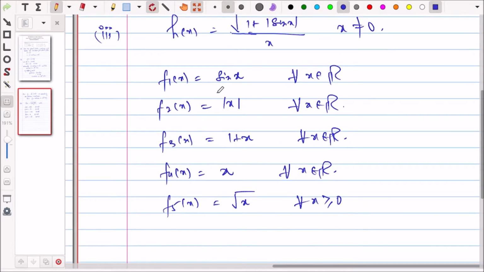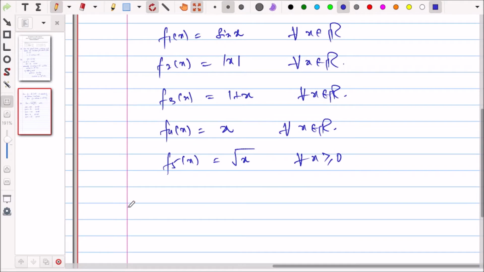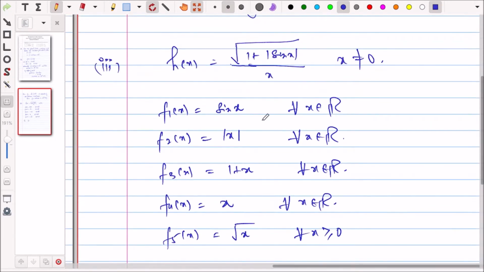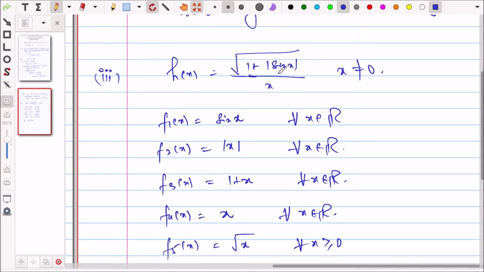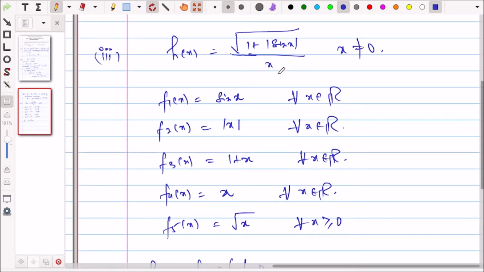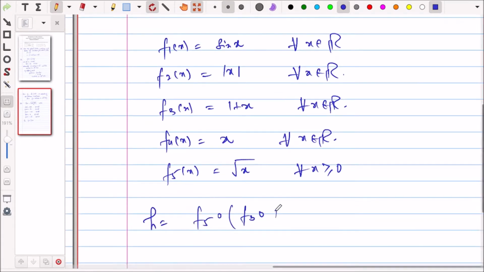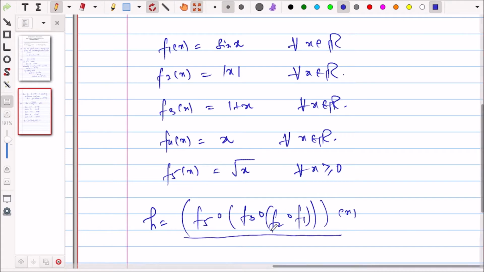Now h can be written as the function f5 of f3 of f2 and f1, so this is your numerator, and then the denominator is f4(x).